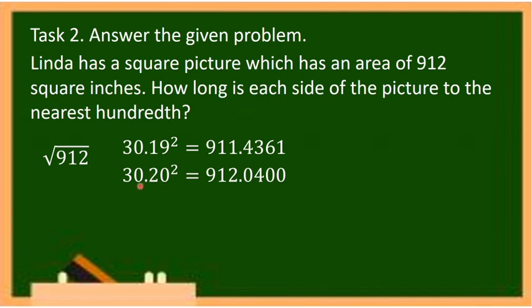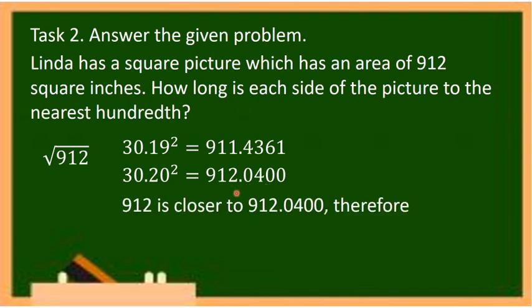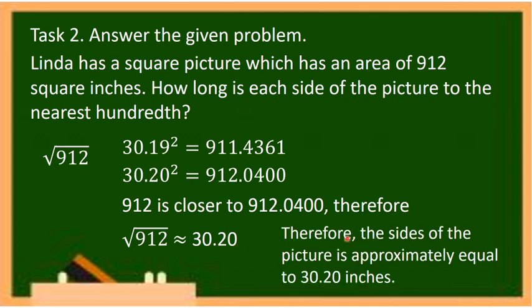We get the square of it, and it is equal to 912.0400. So 912 is closer to 912.0400. Therefore, the approximate square root of 912 is equal to 30.20. So the side of the picture is approximately equal to 30.20 inches.